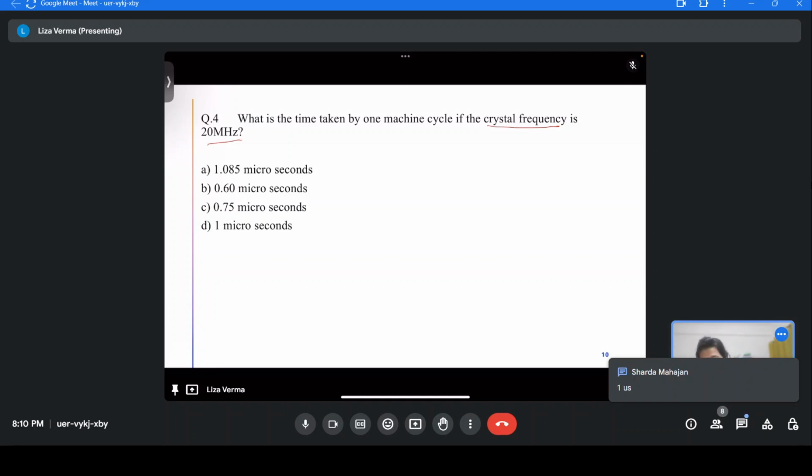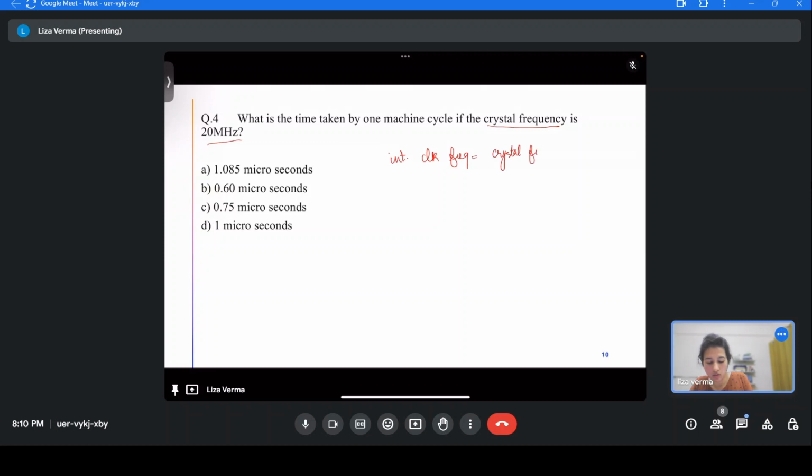You get the internal clock frequency by dividing the crystal frequency by 12, right? Which will give us 20 by 12, Option B, ma'am.